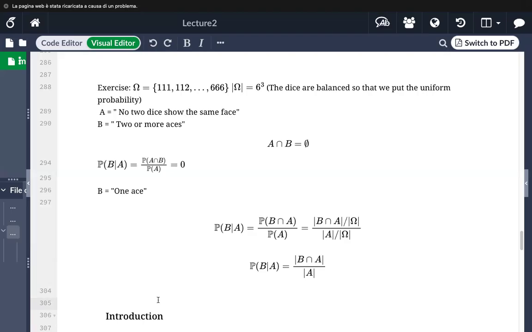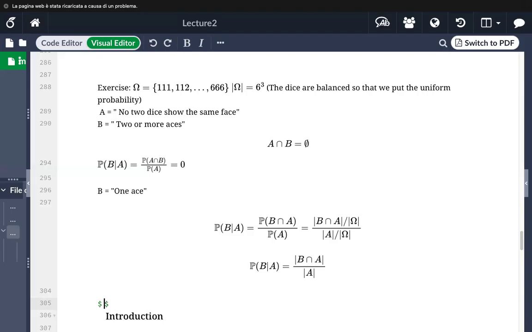Well, how many elements does A have? We can choose the first die among 6 elements, the second one among 5, and the third one among 4.